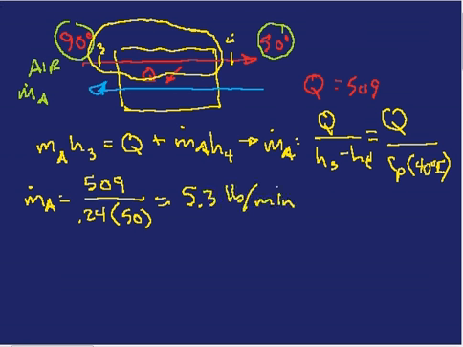So very straightforward. You just change the area that you do your balance on to find it, it's the same Q going out of the air and into the refrigerant, and that'll get you your mass flow of the air.